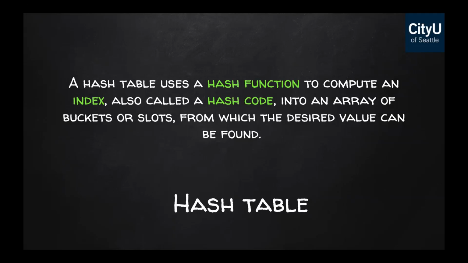A hash table uses a hash function to compute an index. You put the string in the hash function, and it spits out a number, which you can use as your index, also called a hash code, into an array of buckets or slots from which the desired value can be found.